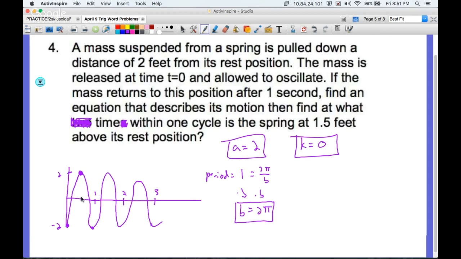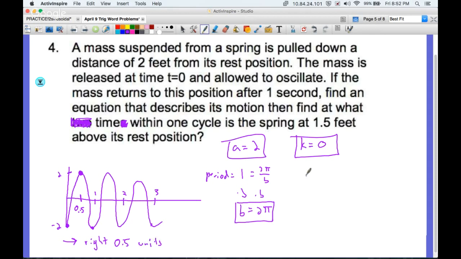If the weight's able to go from a minimum to a minimum in 1 second, it must hit its maximum at a half a second, or 0.5 seconds. And so if our cosine normally has a maximum at 0, I've got to shift that to the right 0.5 units.